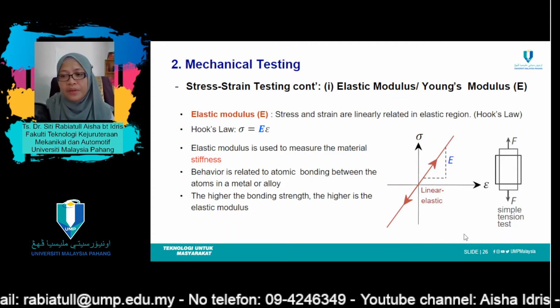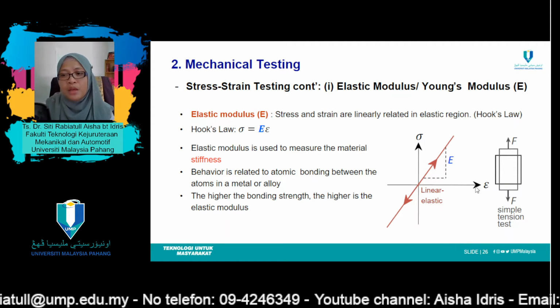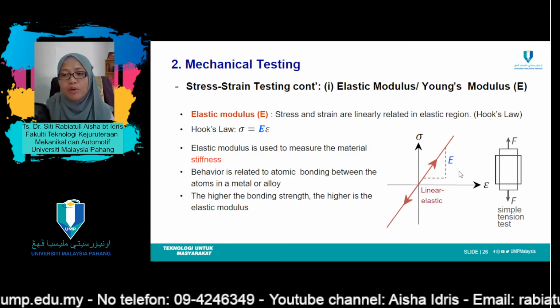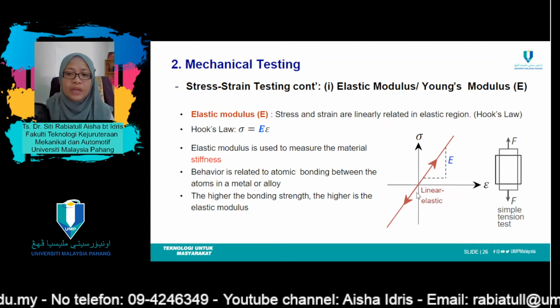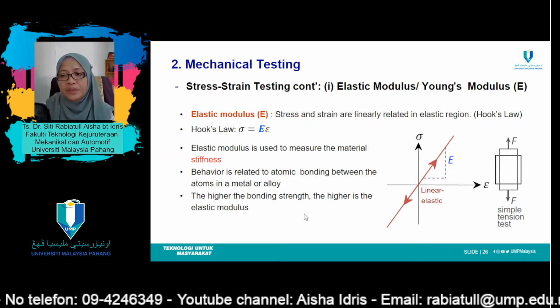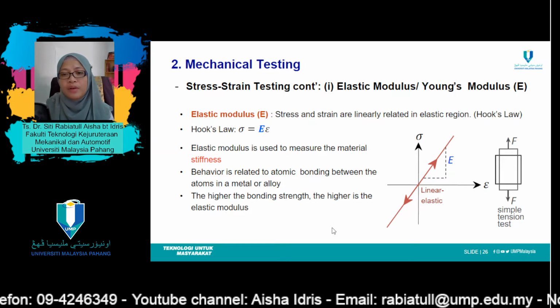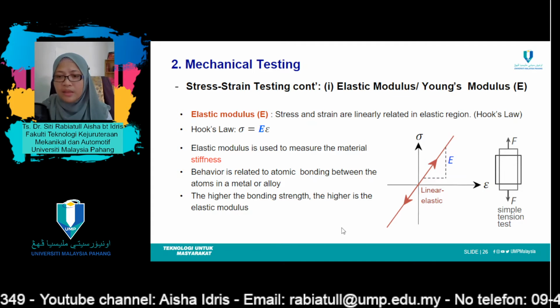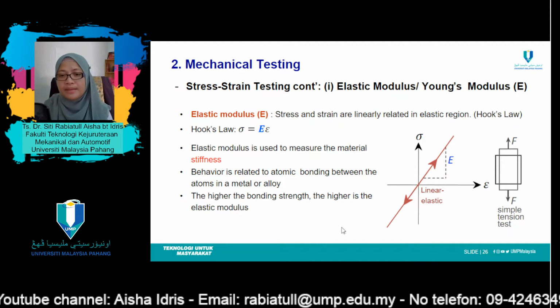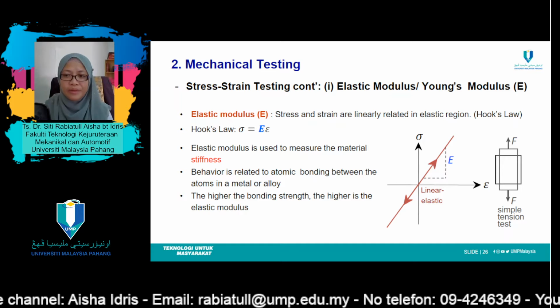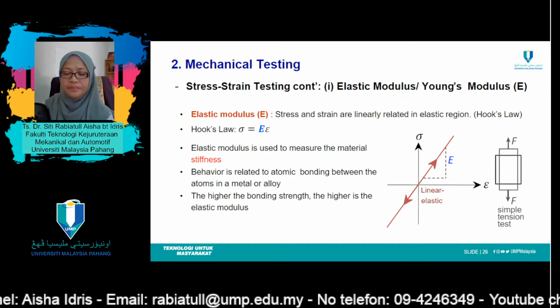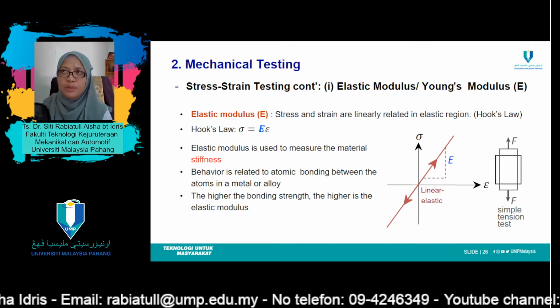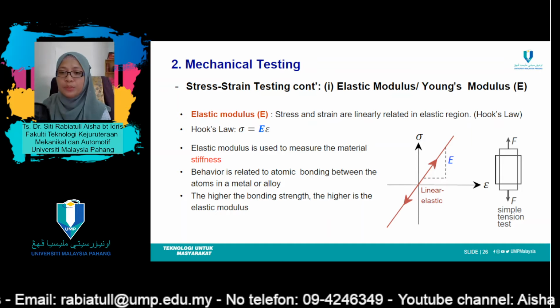If you refer to the stress strain curve, the value of Young's modulus can be obtained from the slope of the diagram. The higher the value of Young's modulus, it means that the material has higher bonding strength. So it will be much more difficult for that material to break.